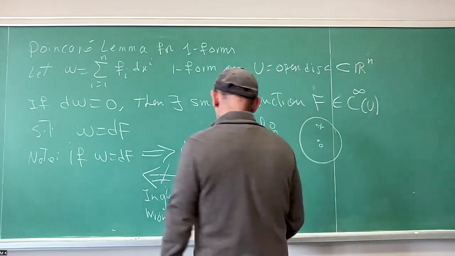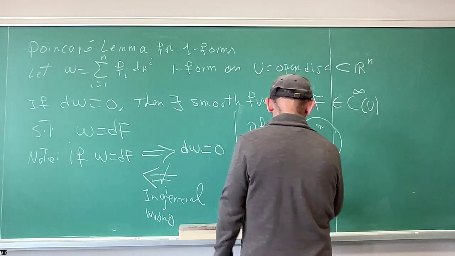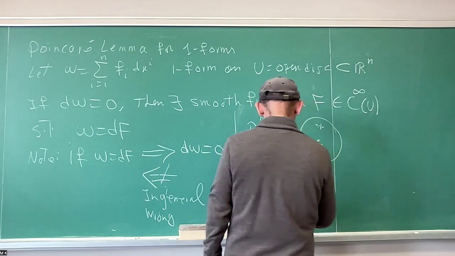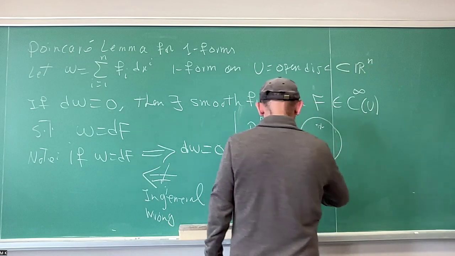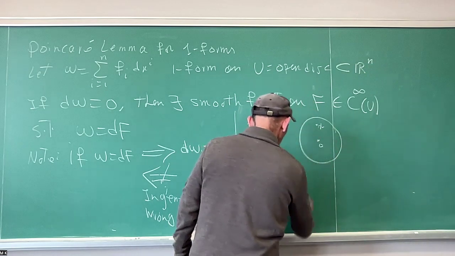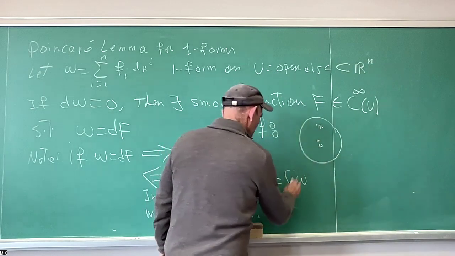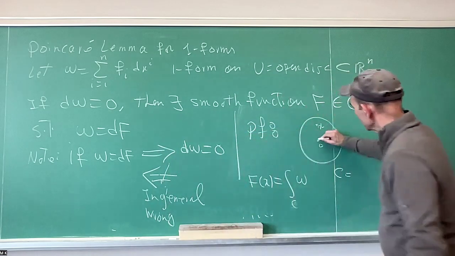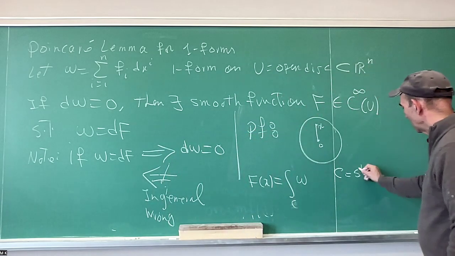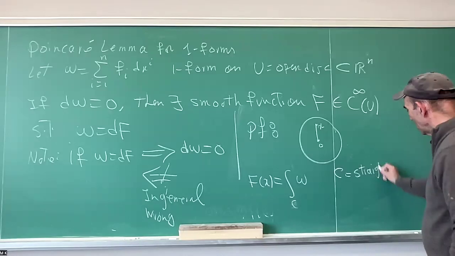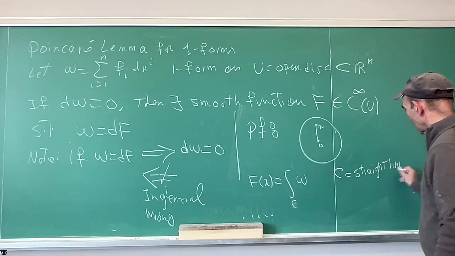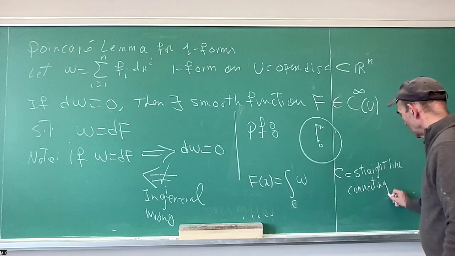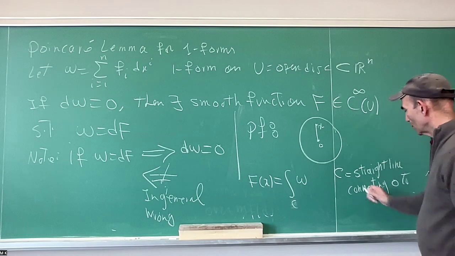So my function is the following one form, omega. Okay, so let me put it like integral over c of omega, where c is this straight line connecting 0 to x.